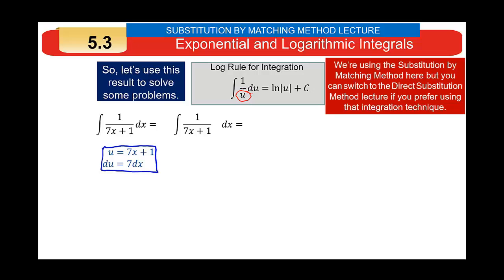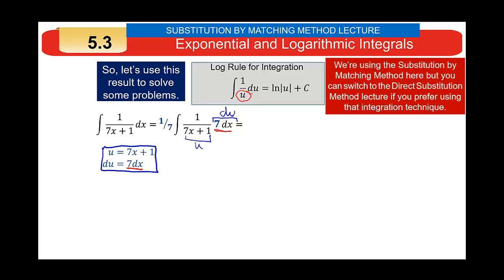I need a 7 in front of that dx, because the differential is du equals 7 dx. But I can handle that. I can always insert a numerical factor as long as I multiply on the outside by its reciprocal. So if I put a 7 on the inside, I have to multiply by 1/7 on the outside.